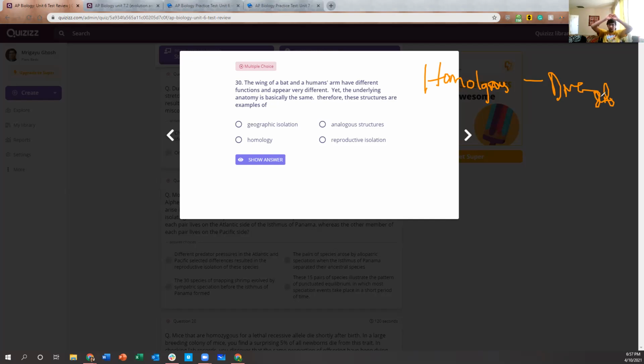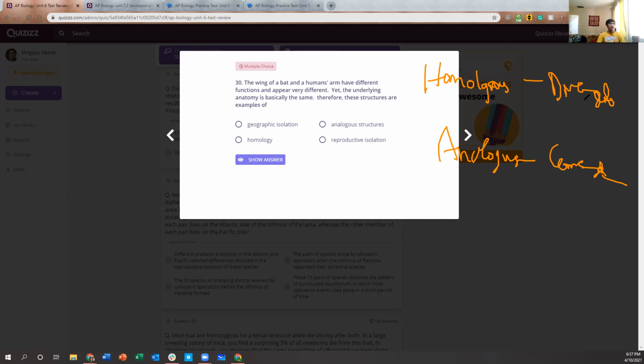When you have a common ancestor, like a genetic relationship, they diverge because they're now in different environments or different circumstances. The other one is analogous structures. Analogous structures happen due to convergent evolution, when they have different ancestors, but they have similar structures because they came together to the same environment. So analogous is convergent, homologous is divergent.